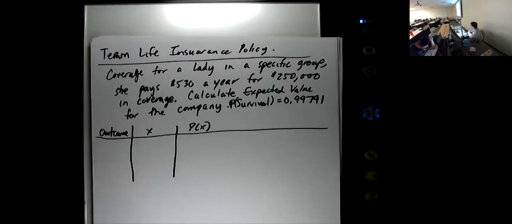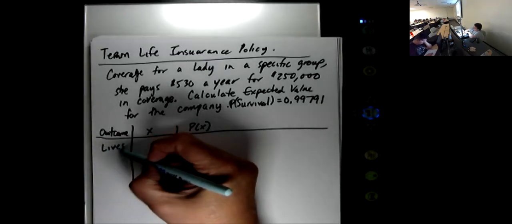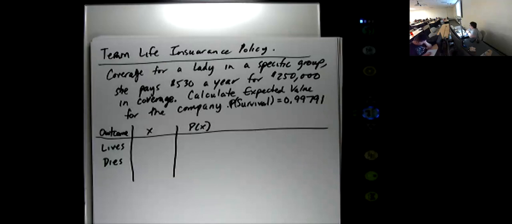Anybody? She lives or she dies. Those are the only things they're concerned about. It's a life insurance company. It's not health insurance. You only pay out if they die. That's the only concern. They're not in it for your welfare. They're in it to make money. It's a business. Having the life insurance benefits your family.